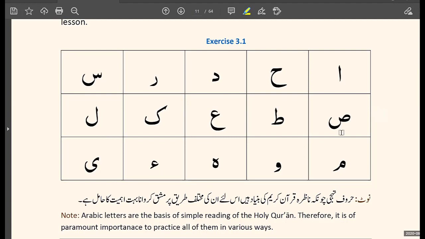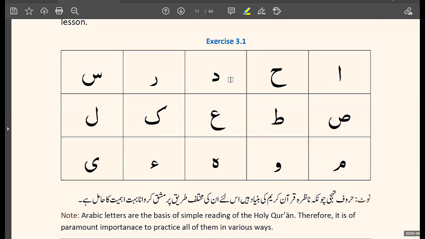Sad. Yes. Mim. Well done. Ha. Good. Ta. No. Ta. Yeah. Waw. Dal.